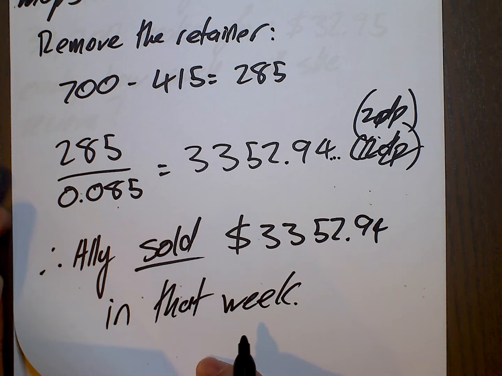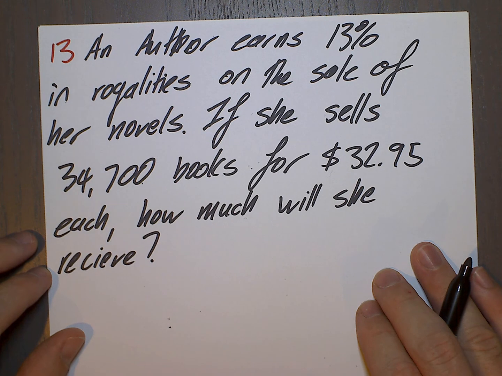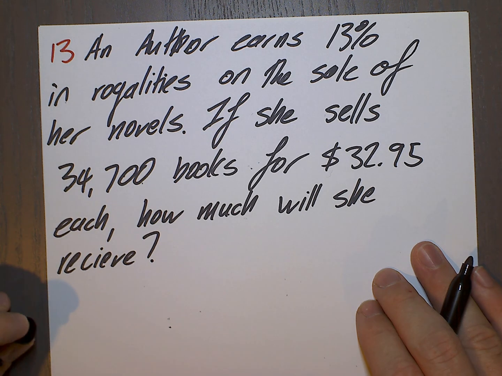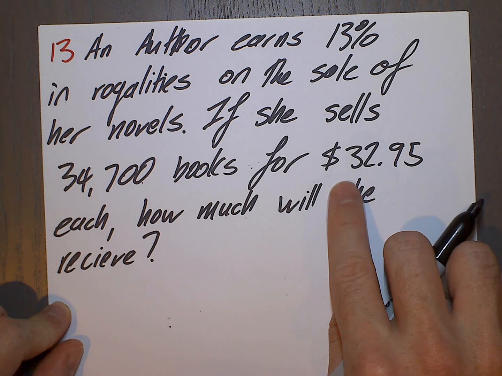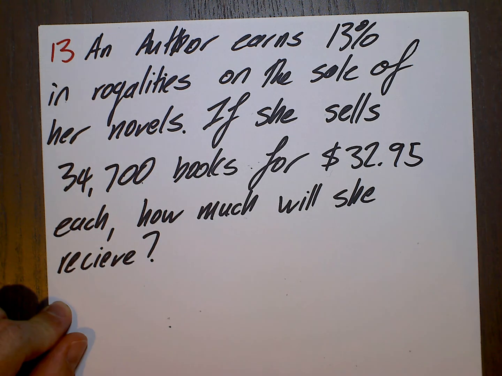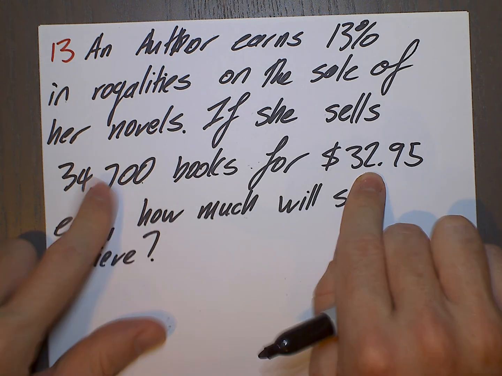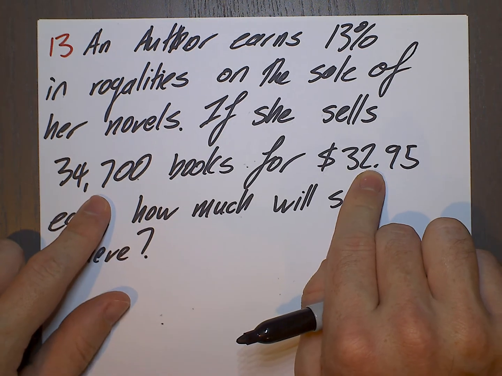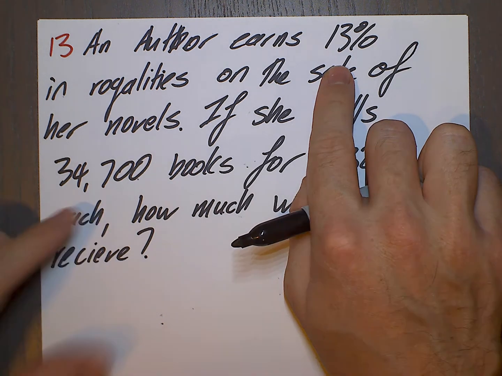Okay, and the last one, royalties. An author earns 13% in royalties on the sale of her novels if she sells 34,700 books for $32.95 each. How much will she receive? Okay. What we want to do is, if she sells this many books for that amount, we want to times these two to figure out the total amount of what they sold for, and then find 13% of that.